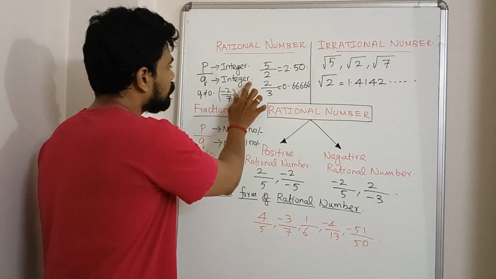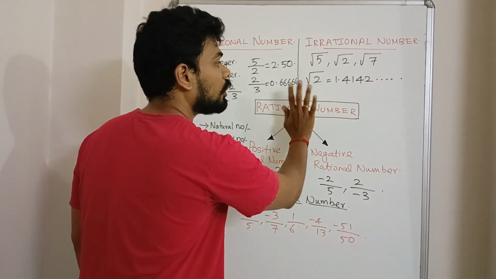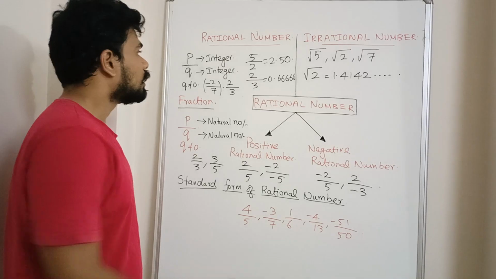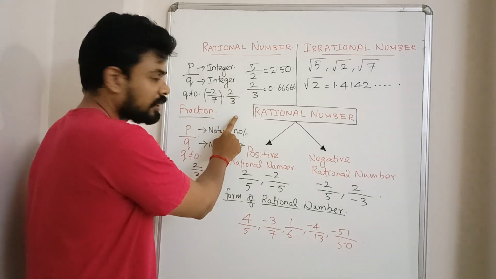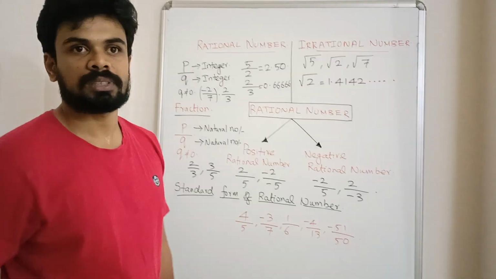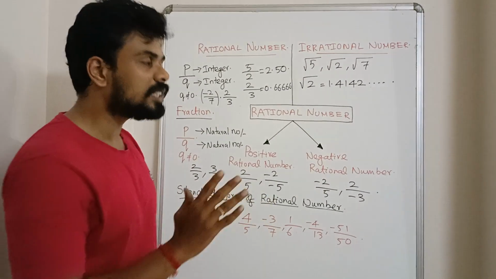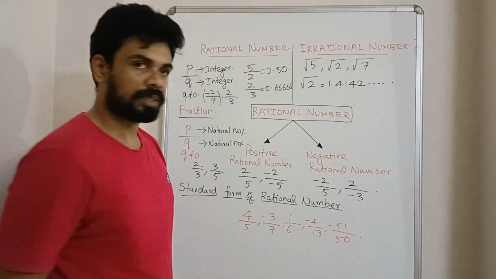Rational numbers can be written in p by q format, whereas irrational numbers cannot. For rational numbers p and q both should be integers, whereas for a fraction both should be natural numbers. This is the basic difference between a fraction, a rational number and an irrational number.